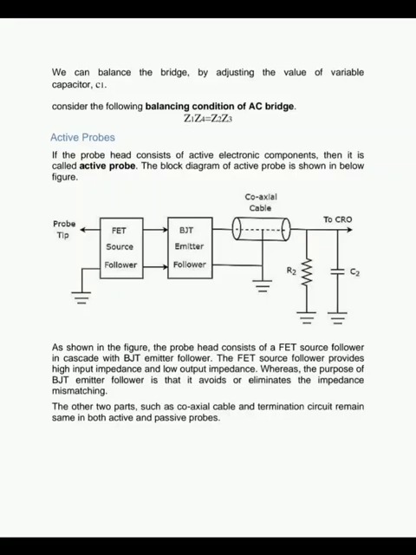The FET source follower provides high input impedance and low output impedance, whereas the purpose of the BJT emitter follower is that it avoids or eliminates impedance mismatching. The other two parts, such as the coaxial cable and termination circuit, remain the same in both active and passive probes.